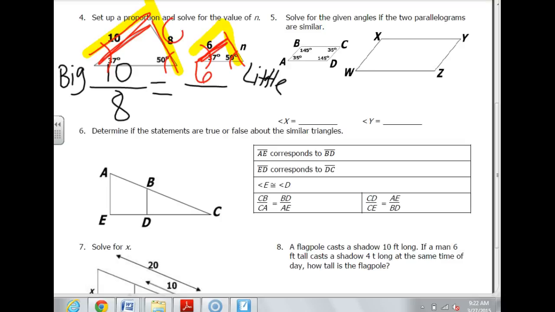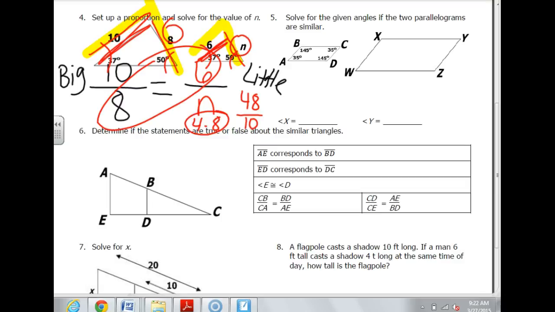And what is just like the 8? The n. Now I'm just going to solve it like we always solve proportions. I'm going to cross multiply. 8 times 6 is 48. Then 48 divided by 10, because I always divide by that leftover number, is 4.8. So my answer to that one would be 4.8.